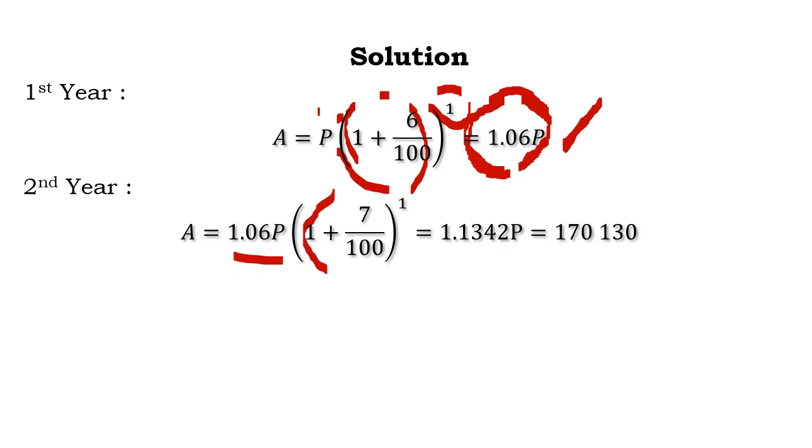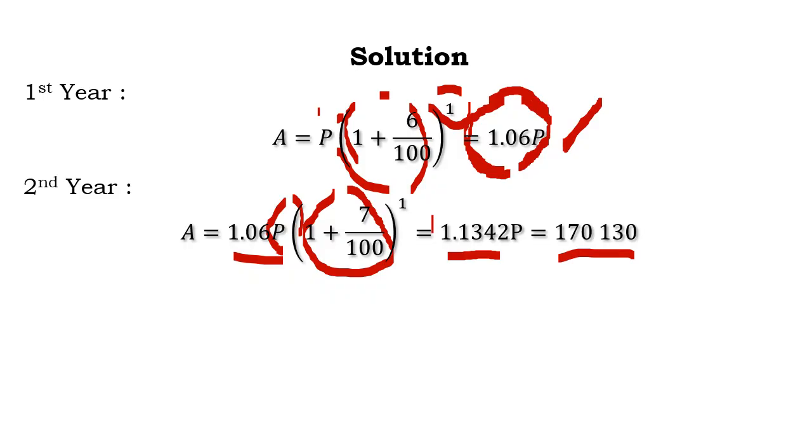The whole of this one is just 1.07. Then 1.07 times 1.06, you get 1.1342p because of this principal here. We are told the amount she had at the end of the second year was this one.